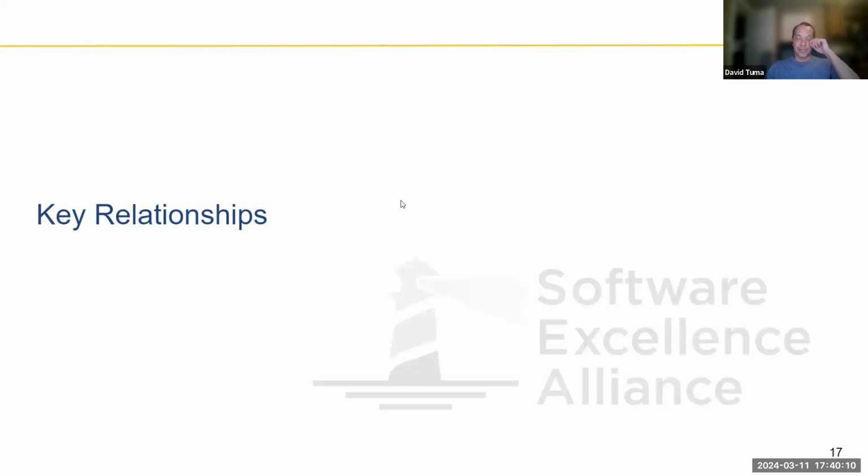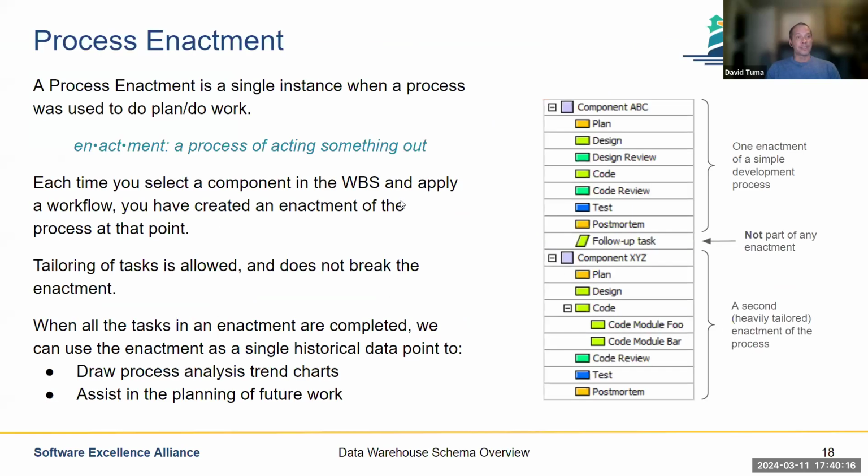So I want to talk about a couple of key relationships too that are super important to understand. The first one is something called a process enactment. You remember how in the PSP class, at the end we've got this nice little trend chart that shows the 10 programming assignments we've done, with a data point for each one.